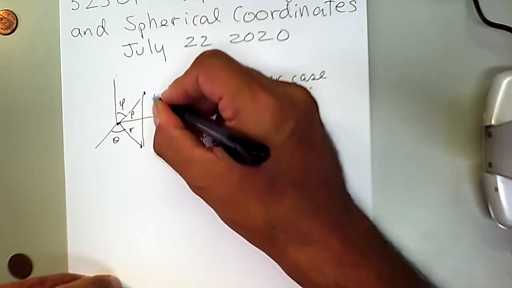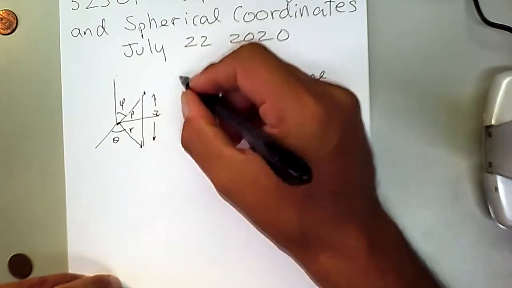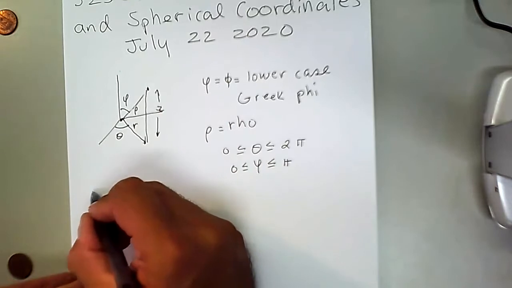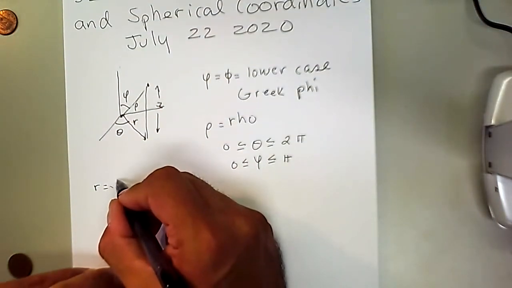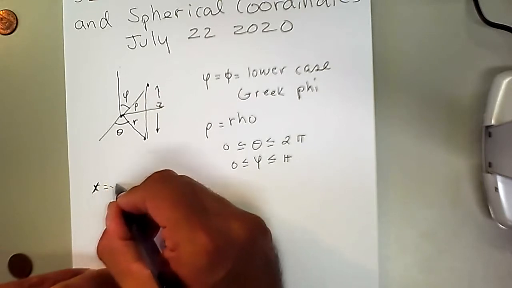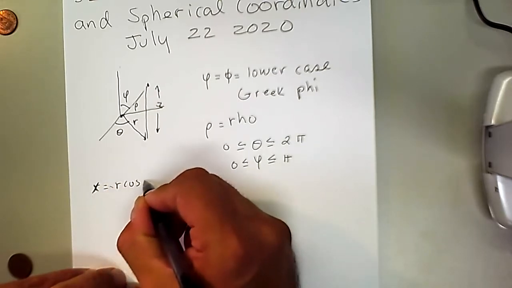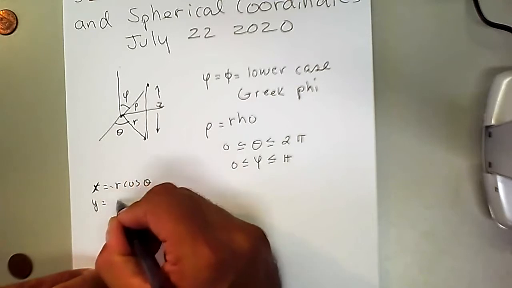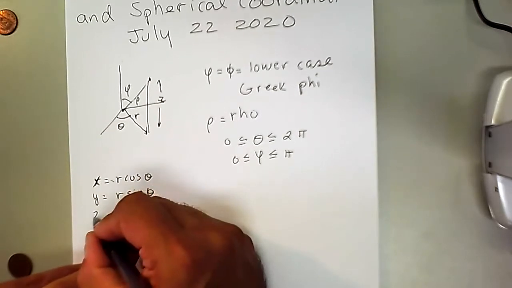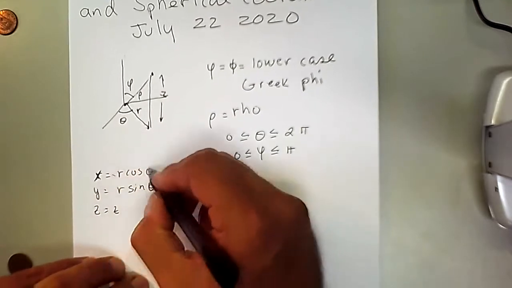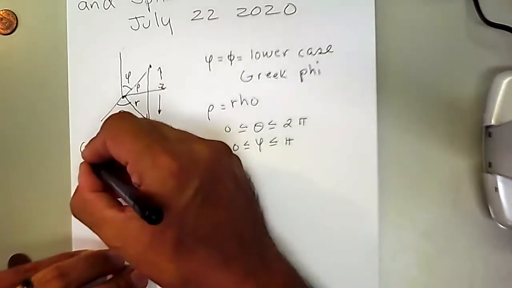So we do know that x is equal to r cosine theta, y equals r sine theta, and of course z equals z. That's in cylindrical coordinates.